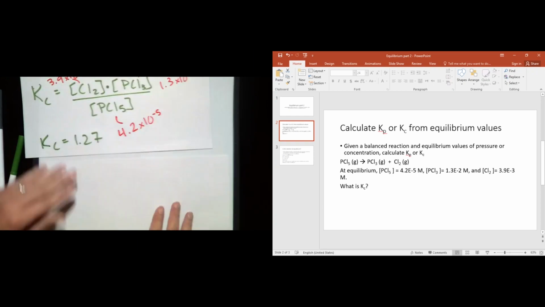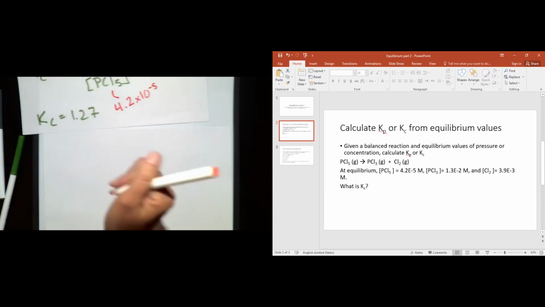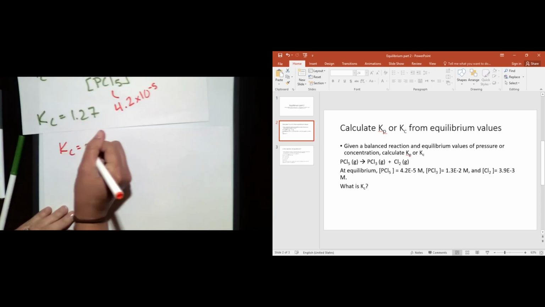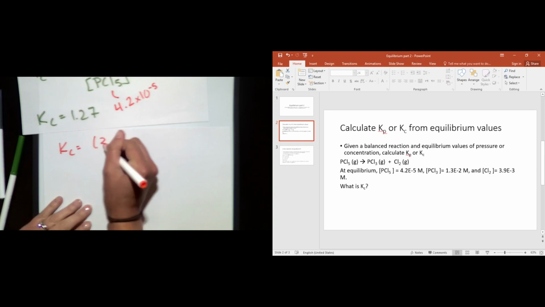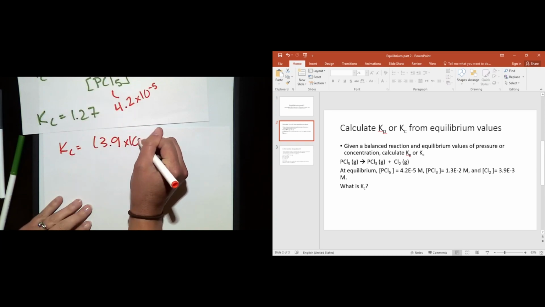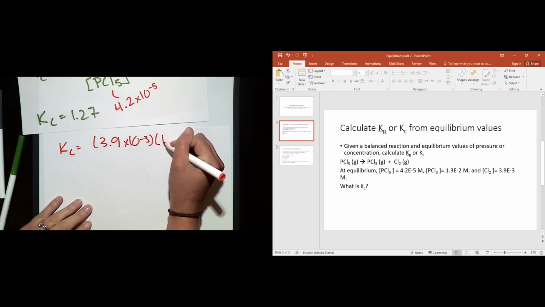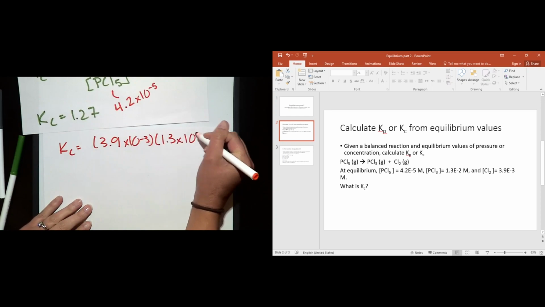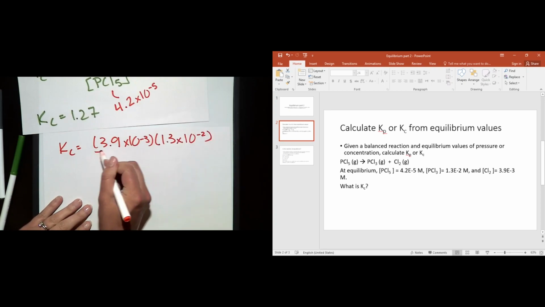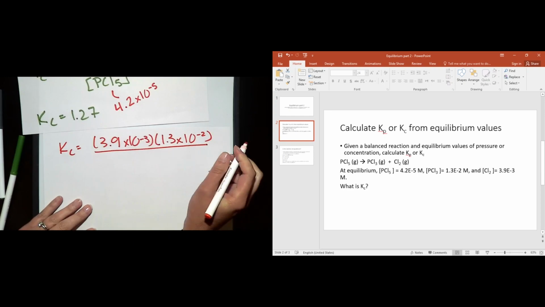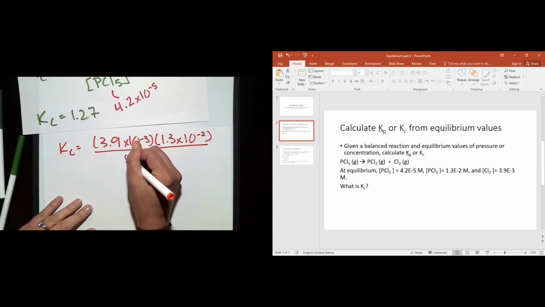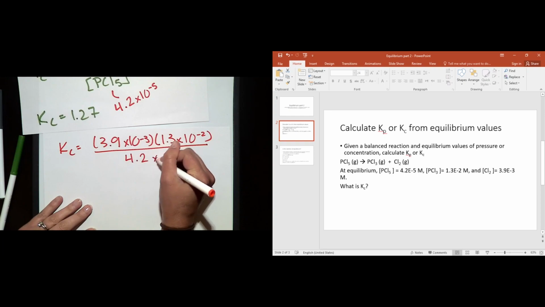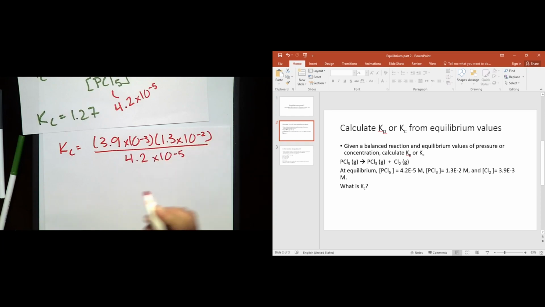All we're doing is multiplying. Might be off by a decimal place here. 3.9 times 10 to the minus 3 times 1.3 times 10 to the minus 2, all of that on the numerator, divided by 4.2 times 10 to the minus 5 in the denominator. Okay, I think it's 1.27. I might be off by a decimal place there.